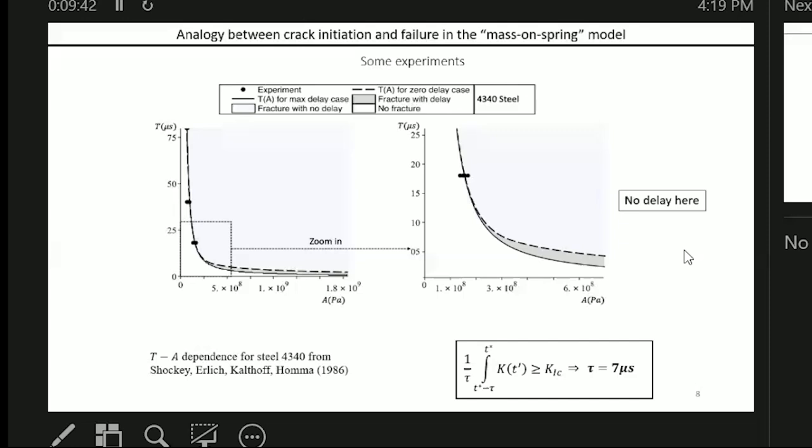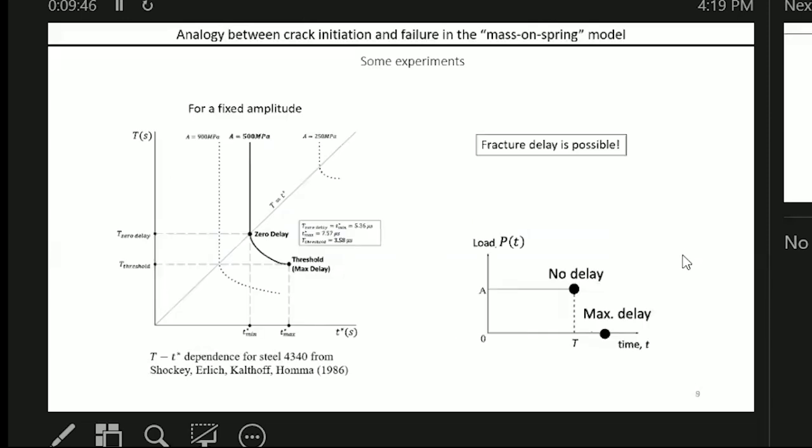So no fracture delay could be experienced there. But theoretically, the delay is still possible for this material. Again, according to the incubation time criterion, if we construct the dependence of the critical pulse duration on the fracture time, there is a region where this fracture delay is possible.